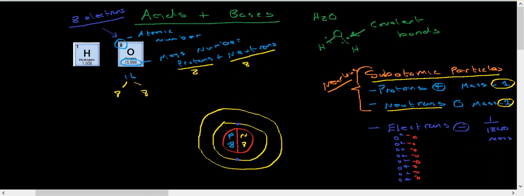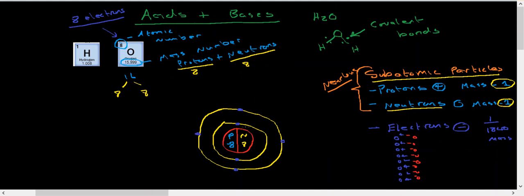The first shell, the shell nearest the nucleus, can only hold 2 electrons. These electrons will just move around within this space that's close to the nucleus. Then the second shell can hold up to 8 electrons. But because we've taken 2 electrons, we have 6 remaining. So those 6 electrons are contained outside in the second shell.